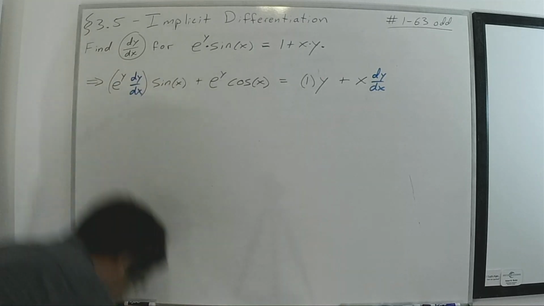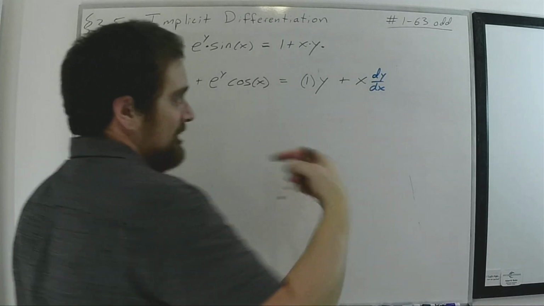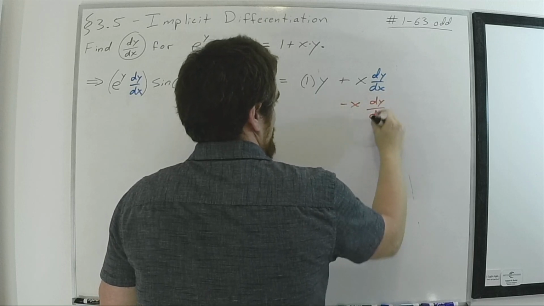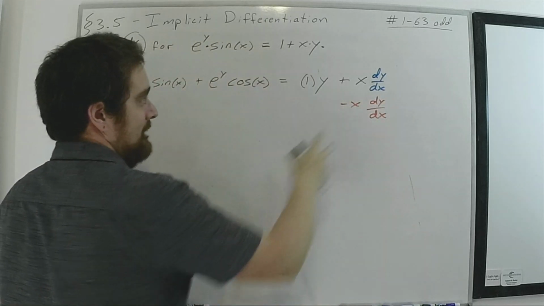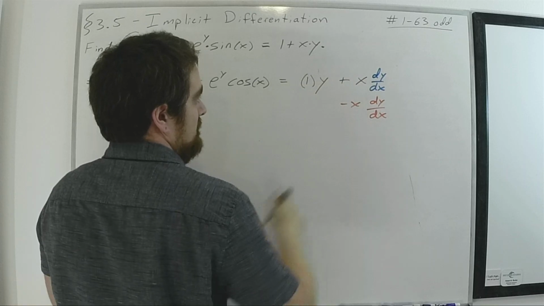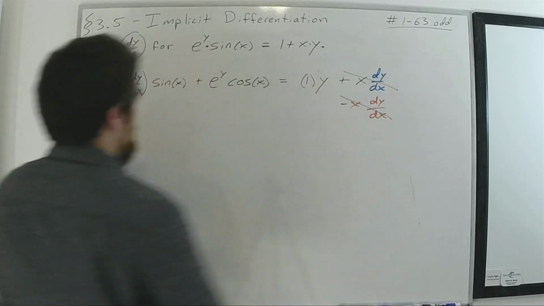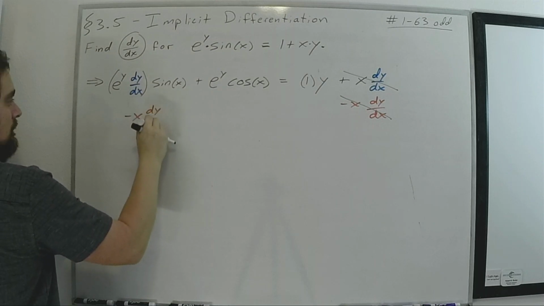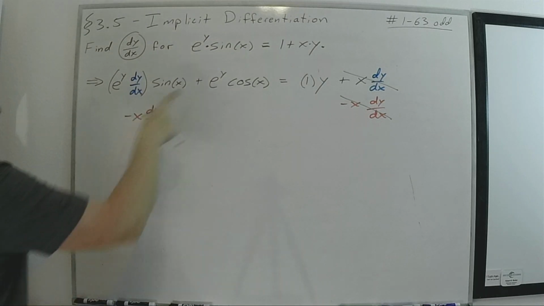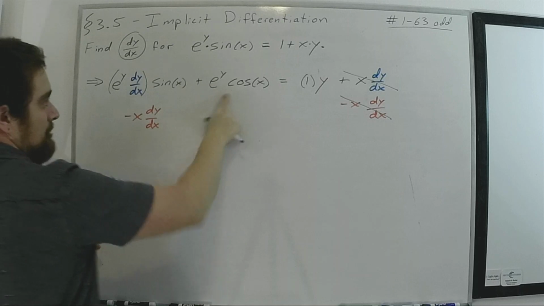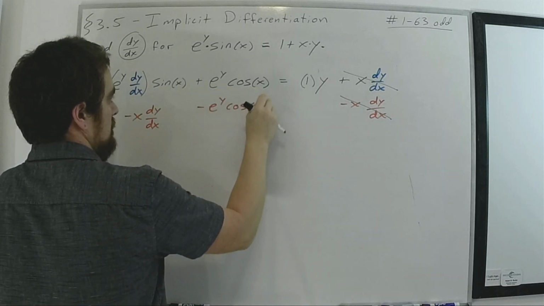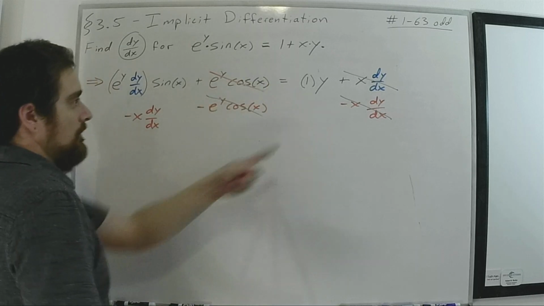I'm going to subtract, and I'm going to pick to put it on the left just because that's maybe a little more natural. I'm going to subtract this whole term of x dy dx and bring it so it pops up on the left-hand side. And this does not have dy dx, so I'm going to subtract e to the y cosine x so that it pops up on the right-hand side.